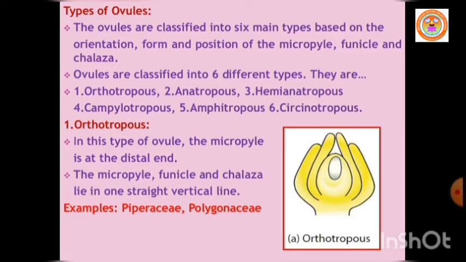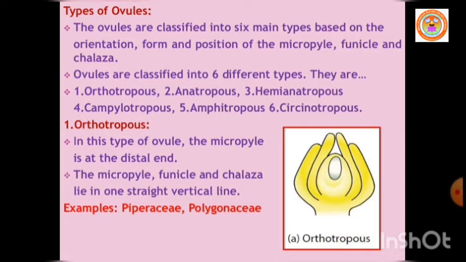Ovules are classified into 6 different types, students. What are they? First, orthotropous ovule. Second, anatropous ovule. Third, hemianatropous ovule. Fourth, campylotropous ovule. Fifth, amphitropous ovule.